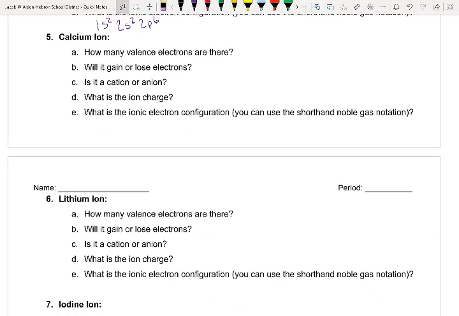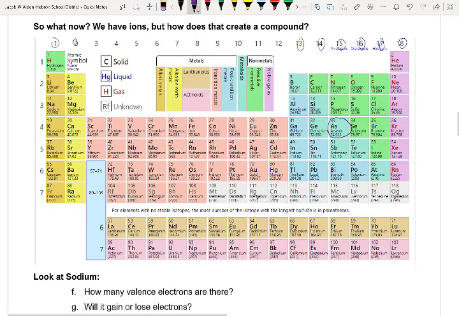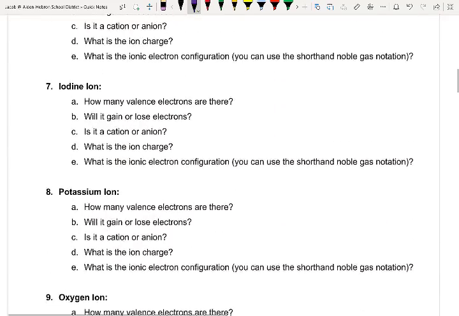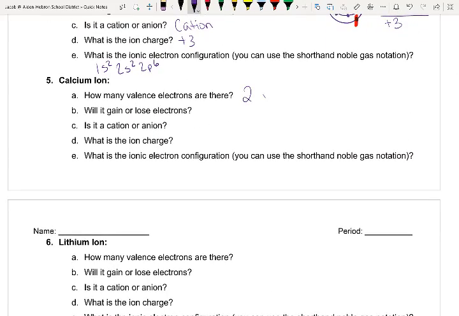All right. Calcium ion. How many valence electrons are there for calcium? I'm going to, again, have you guys use your periodic table. Calcium is here. It's in column 2, so there's 2 valence electrons. It's going to be easiest for it to lose those electrons because it's losing them and becoming positively charged.